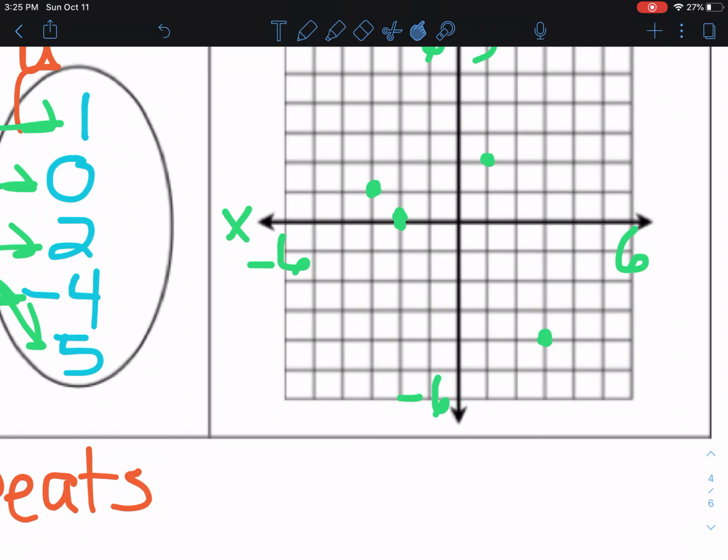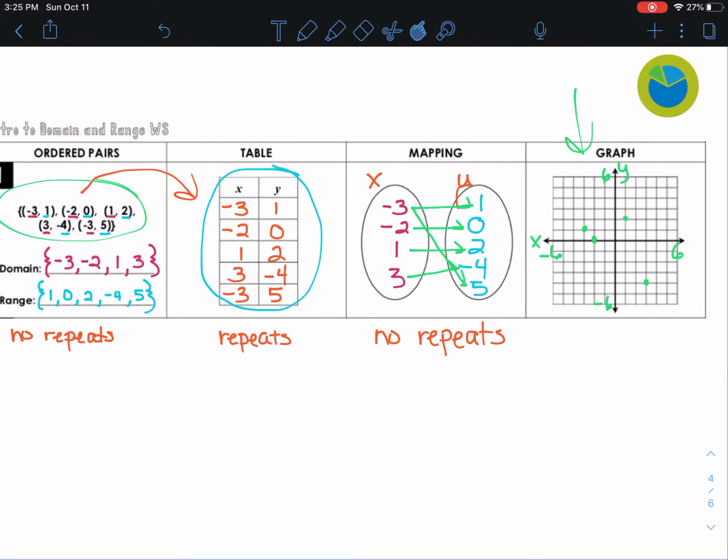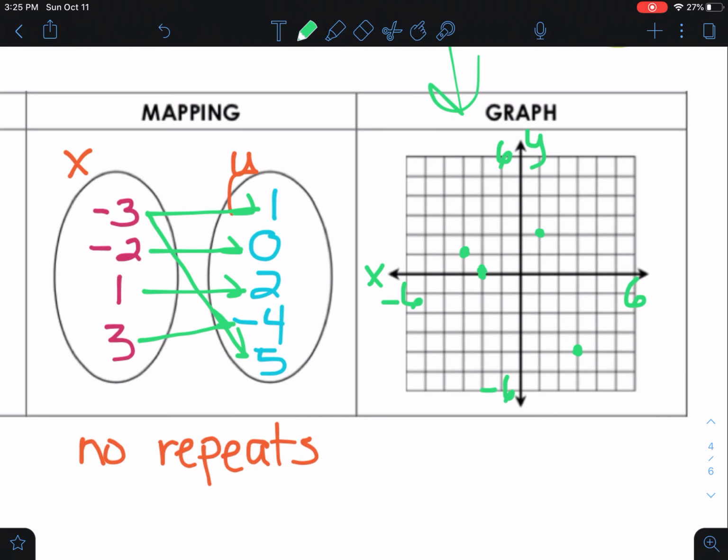Okay, and then our last point, it says -3, 5. Okay, -3, and then 5 units up. And I'll put a dot right there, okay? And there's my 5 dots.